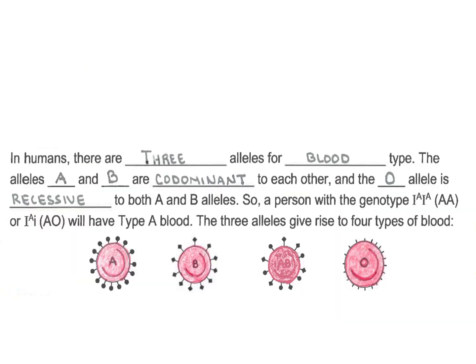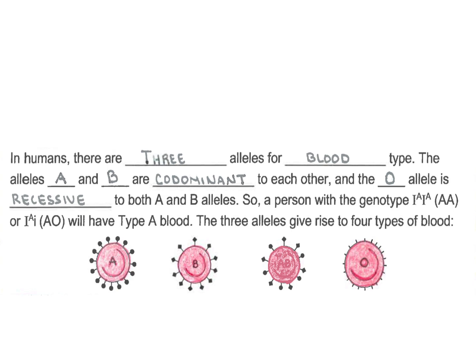So we already know that in humans there are 3 alleles for blood type, and we looked at these alleles in our lab last class. And we saw that we have allele A, B, and O. We also discussed that blood types actually are inherited through 2 different pathways of inheritance or patterns of inheritance.